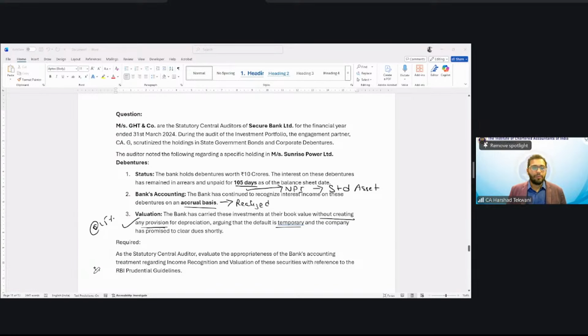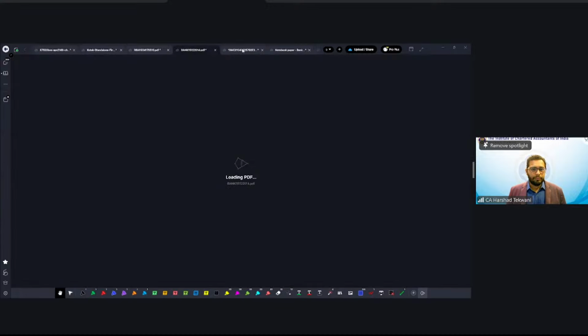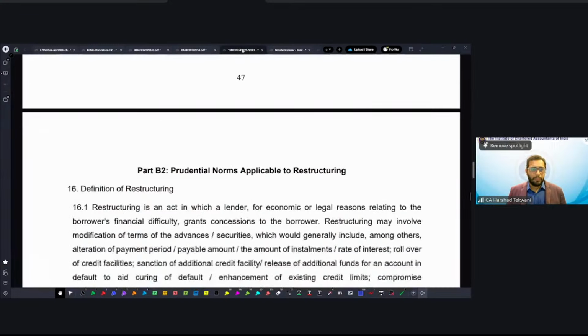Basically it's about restructuring and how prudential norms are applicable on the restructuring part. Let me go to the prudential norms. Prudential norms applicability on the restructuring.